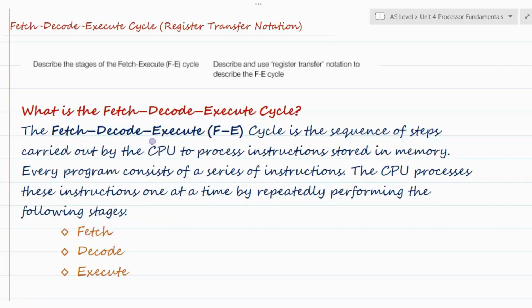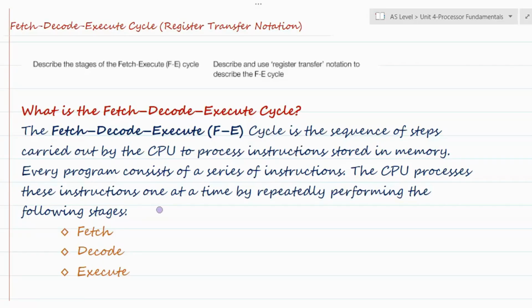Now, every program that we run, whether it is a web browser or game or even a simple calculator, consists of a sequence of instructions stored in memory. CPU cannot execute all instructions at once.